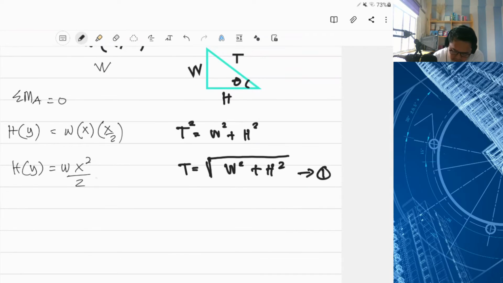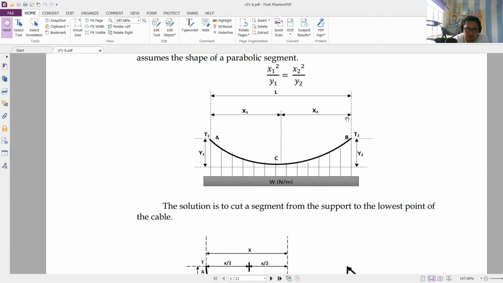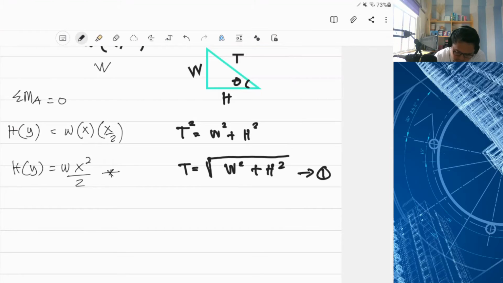If I relate this equation to our original figure, the overall bridge, Y will be replaced by D because D is the overall sag of the bridge, and X equals L over 2, half of the horizontal bridge length.